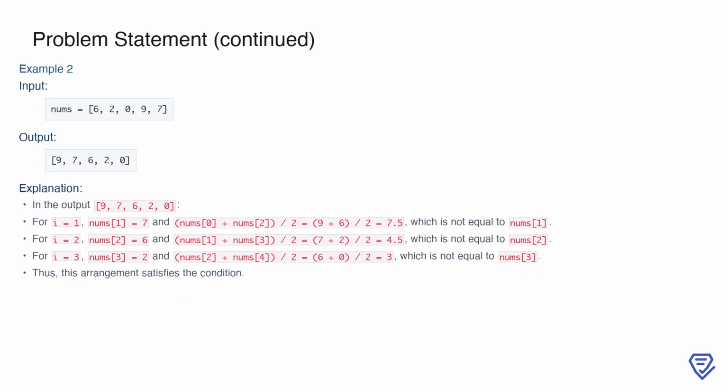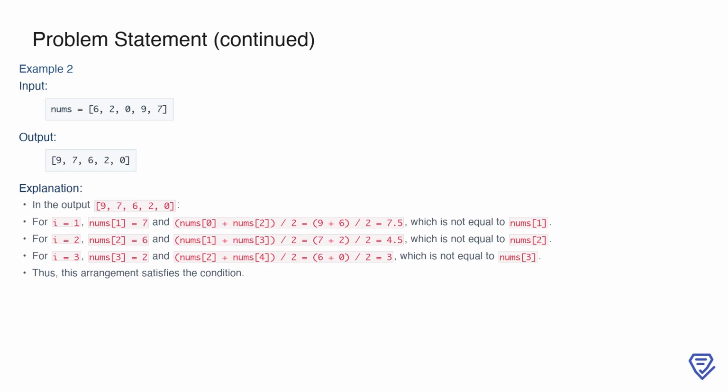Here's another example. If the input array is [6, 2, 0, 9, 7], a valid output could be [9, 7, 6, 2, 0]. Let's verify this arrangement. For index i equals 1, the value at nums[1] is 7, and the average of its neighbors is (9 + 6)/2 equals 7.5, which is not equal to 7.